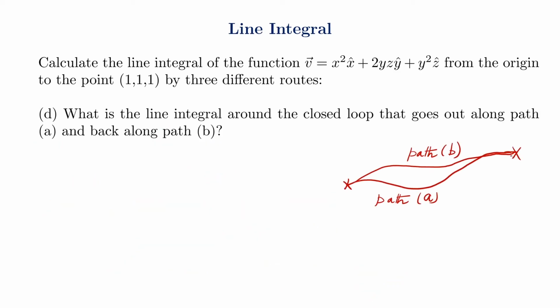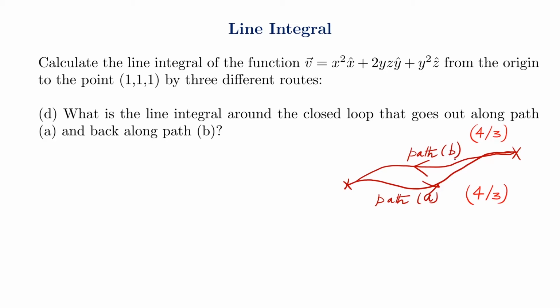Now the final part of the question is to calculate the line integral around the closed loop that goes out along path A and then back along path B. We already have calculated that the total value of the line integral in going along path A is equal to 4 by 3, and the total value of the line integral in going along path B is also again equal to 4 by 3.